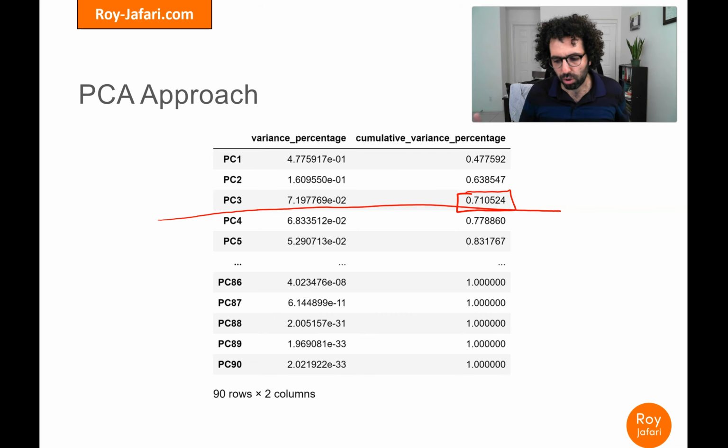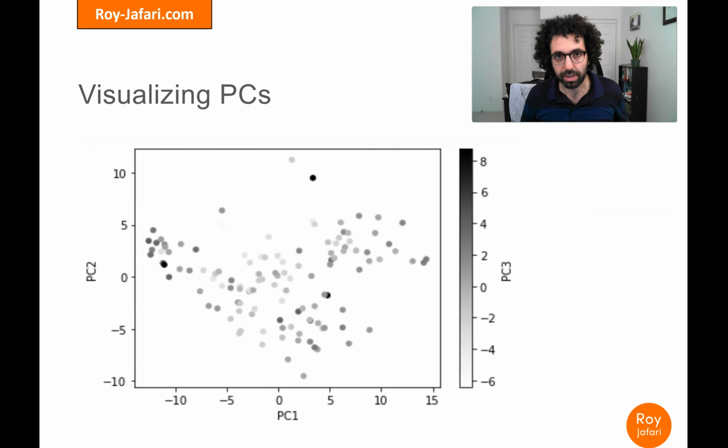So we can just go ahead and create a scatter plot: x-axis PC1, y-axis PC2, and color PC3. It's amazing that we see what's happening in 90 attributes with only one visual.